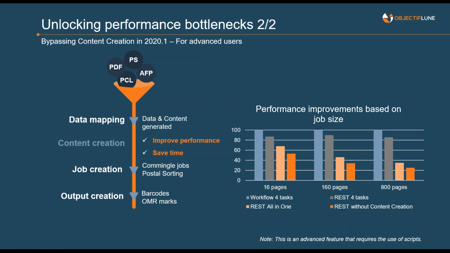If you take a look at the graph here, the performance improvement, 16 pages, you see more than 40% savings in time in this orange here, okay? But if you go further, 800 pages, it saves more time. You see the comparison with the content creation and without content creation saves more time. So it's a performance improvement in this case.